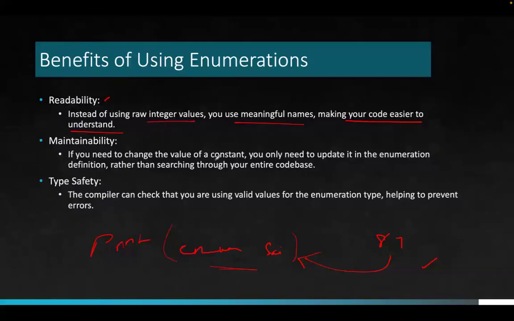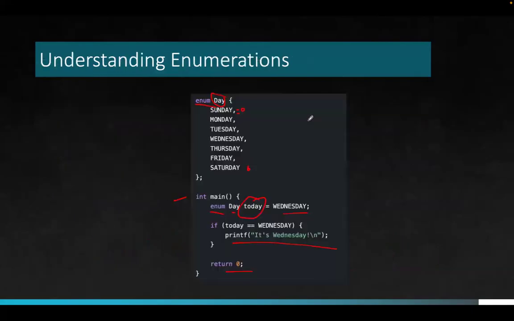If you need to change the value of a constant, you only need to update it in the enum definition, rather than searching through the entire code base. Let's take the previous example, which starts with 0 and ends with 6. But let's say the requirement changed in future, and the customer says Sunday is 20.